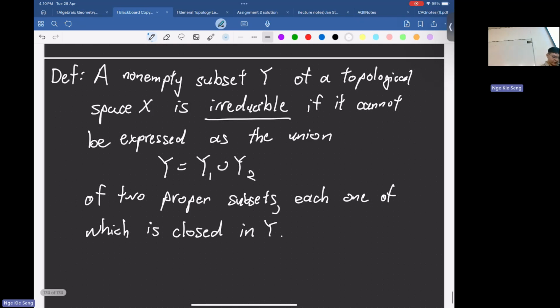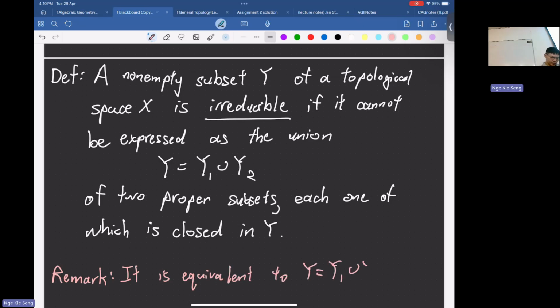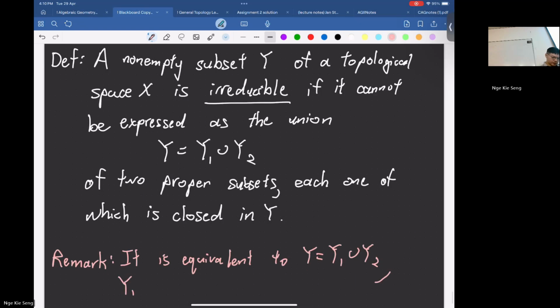But if you do a bit more general topology, you can see that it is equivalent: Y cannot split into two proper open subsets.